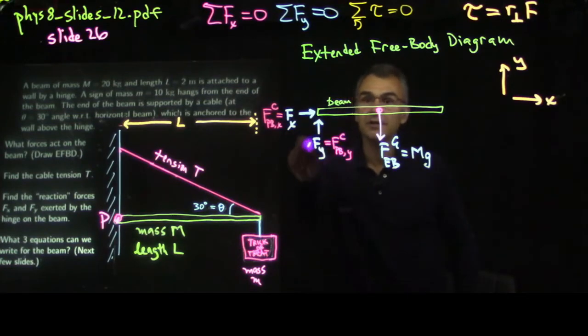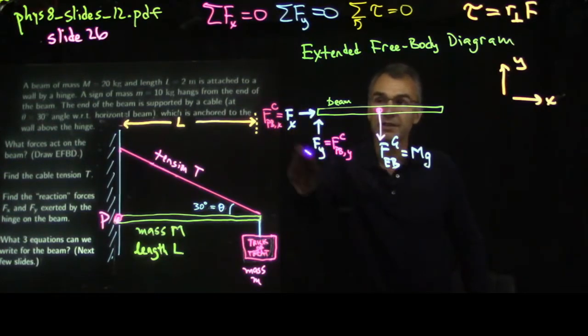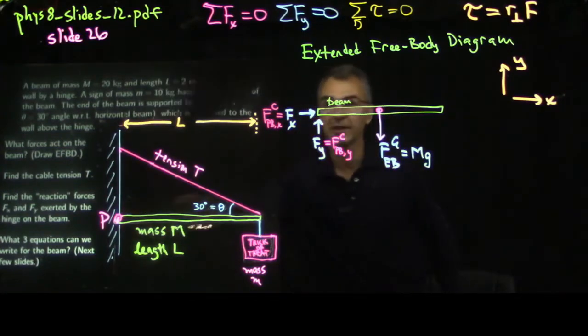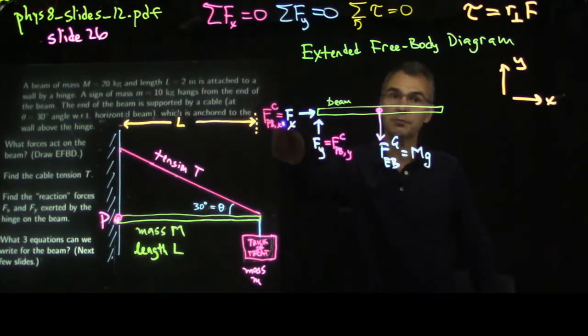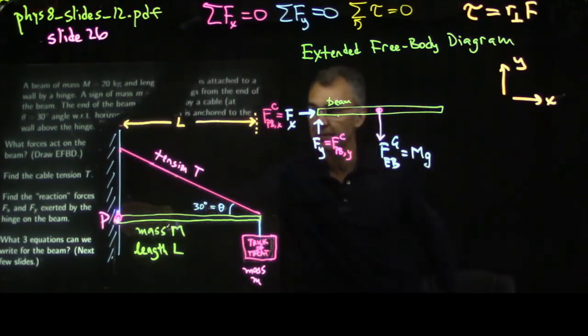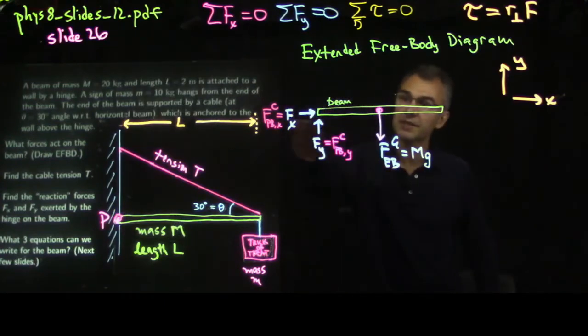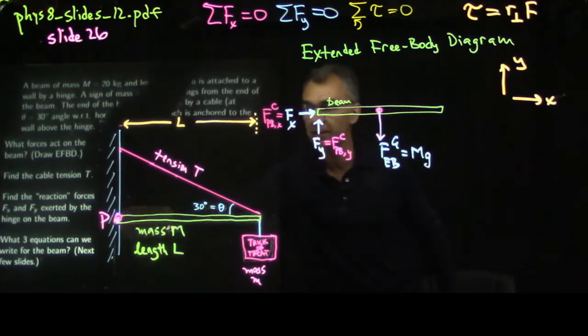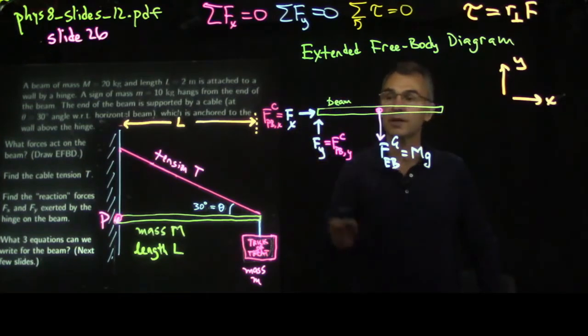You can give it a long textbook style name like contact force by the pivot on the beam, y component, contact force by the pivot on the beam, x component, though in this case I would probably give it a shortcut name, either Fx and Fy, or sometimes you might call it Px and Py since it is exerted by the pivot at point P. So it'll be pretty common later if forces are happening at some point P to call them Px and Py, or if they're happening at some point A to call them Ax and Ay. But for now, let's call this Fx and Fy.